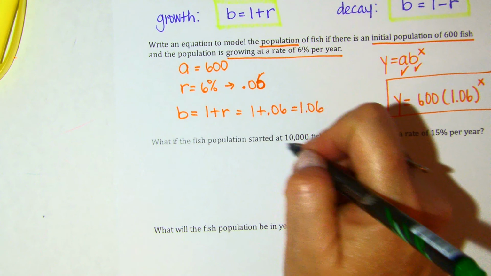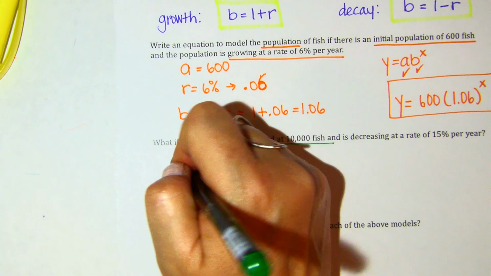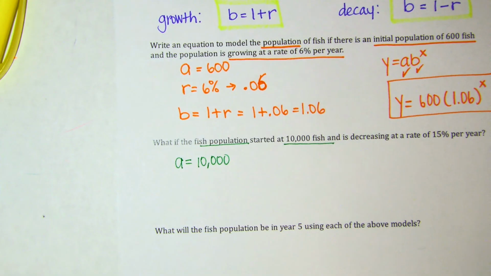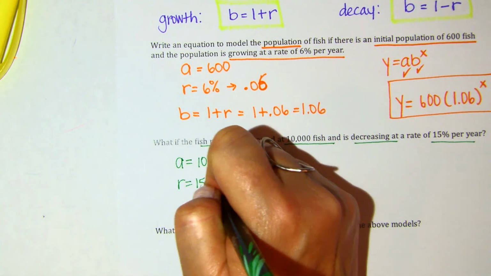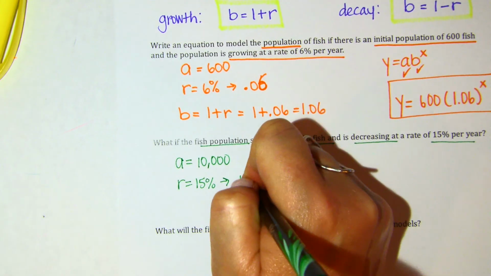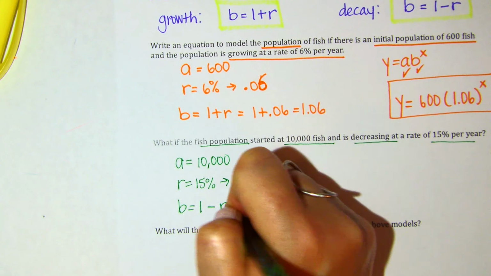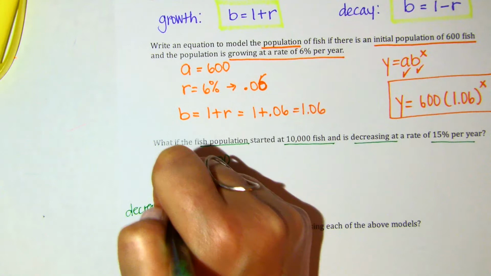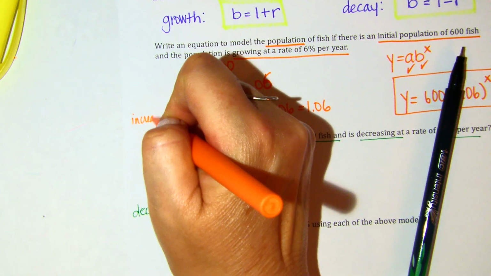Welcome back. It's fish again. It starts at 10,000. That's my initial population, so that's going to be A. It's what I start with. This time it is decreasing at a rate of 15%, so 0.15. Because it's decreasing, I'm going to do 1 minus R. On the last one it was increasing.